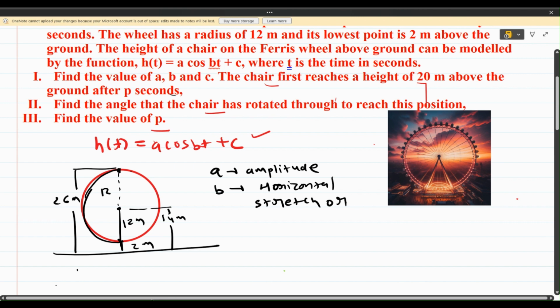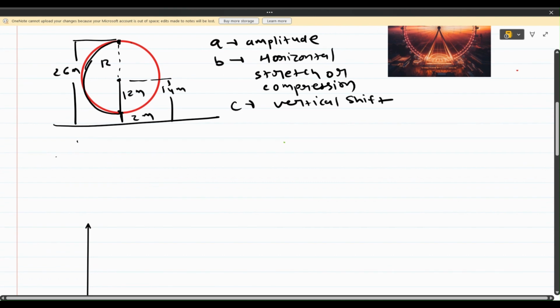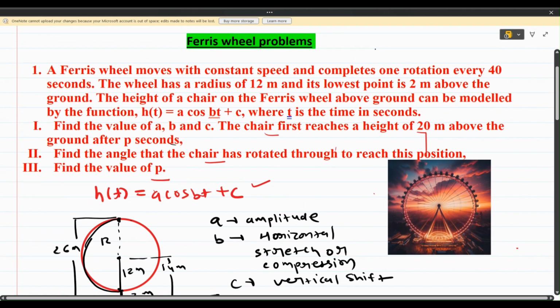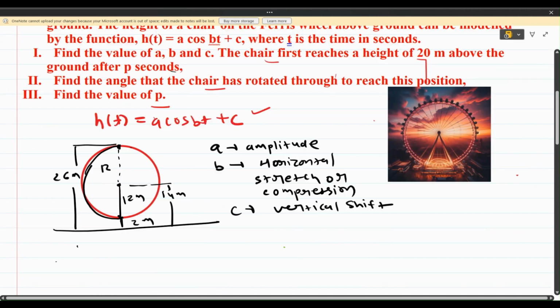And C is the vertical shift. Now how do we find them? Either you should be a master at constructing and sketching the graph, or you can follow this method.